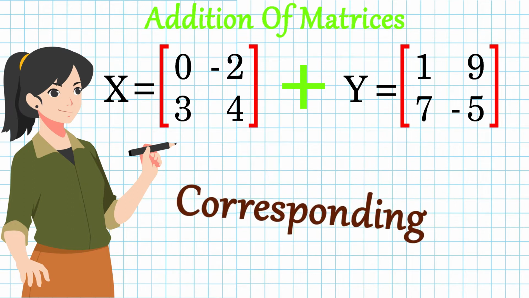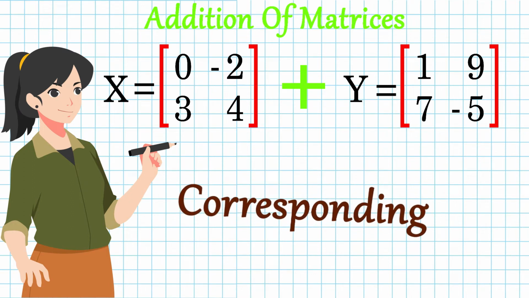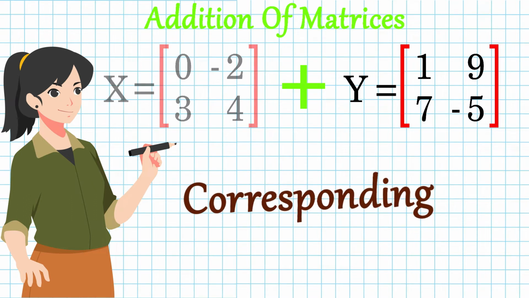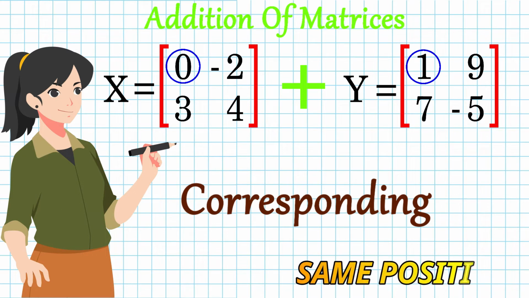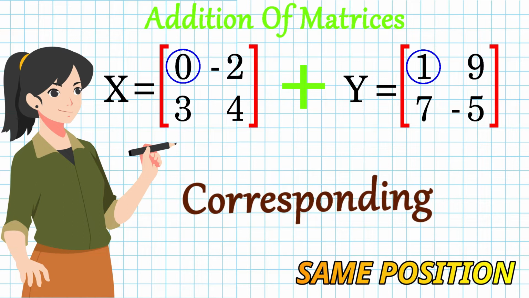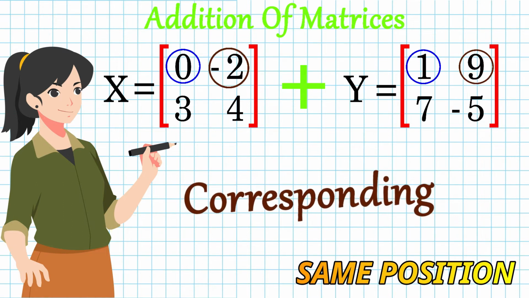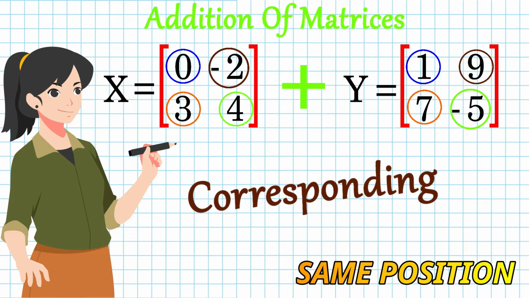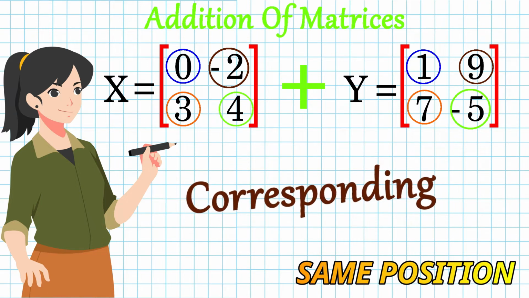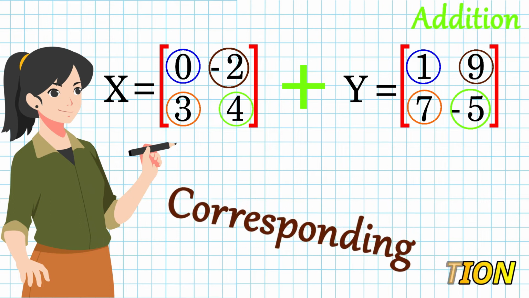These are the elements which are in the same position in both matrices, in matrix X and Y. Corresponding elements are 0 and 1, as both are at the same position in the matrices. So, these are corresponding elements of X and Y matrices. Similarly, -2 and 9, 3 and 7, 4 and -5. All are the sets of corresponding elements.